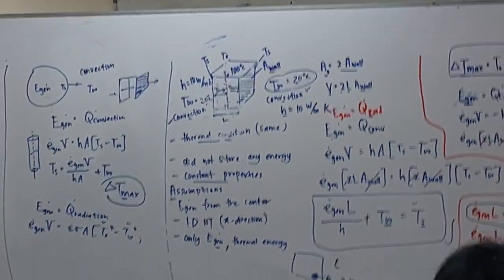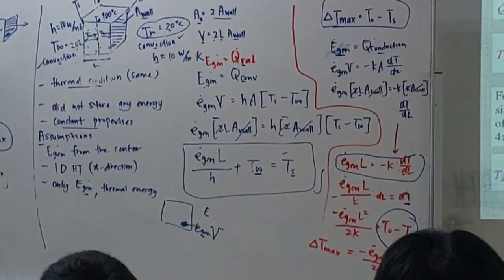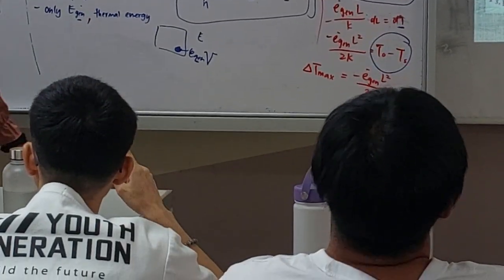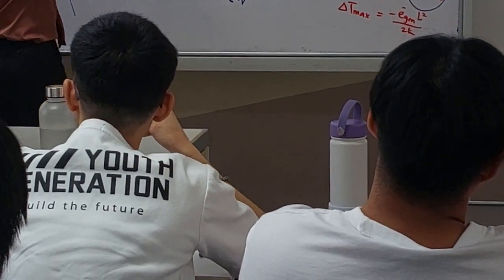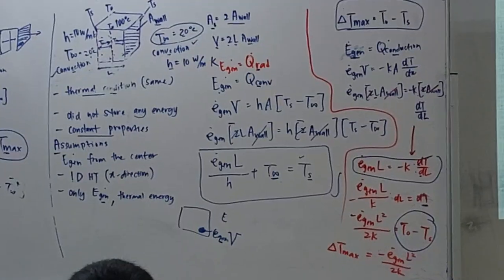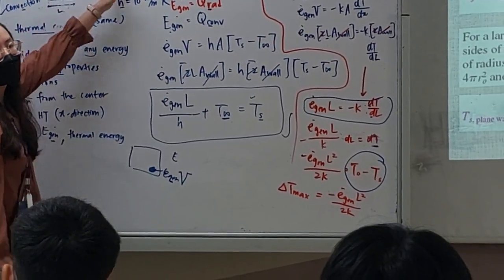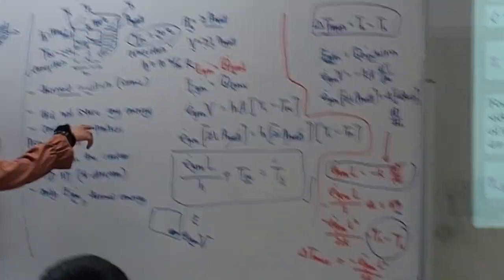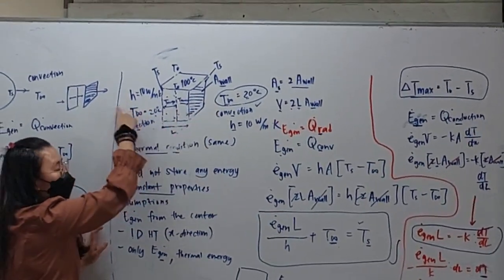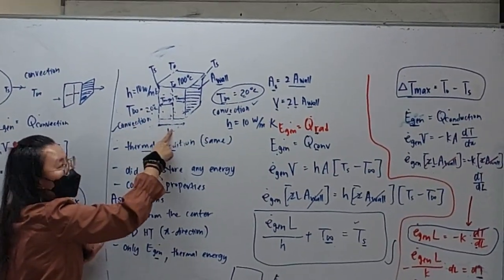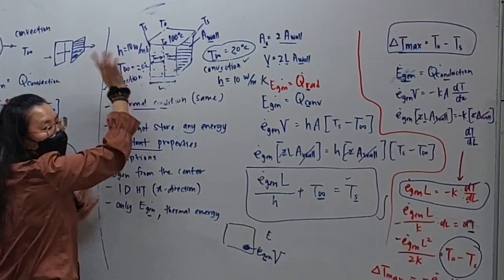This one is only applicable if the outside surrounding is the same on the left and right. If the left and right are different, you cannot use this method. It is applicable only for a system having the same thermal conditions, especially constant properties like density. The density of the fluid or of the air: if the left-hand side is air and the other is oil, you cannot.